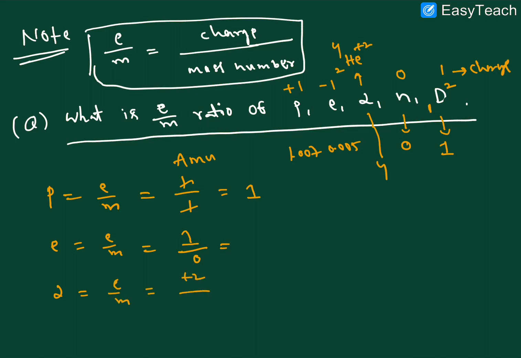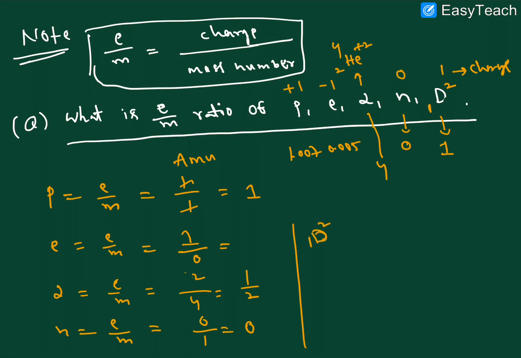Alpha rays: what is the charge here? +2. E by M ratio: the charge is +2, mass is 4, so just taking 2, that equals 1/2. Next, neutron. The charge is 0 and mass is 1, so that equals 0 only.